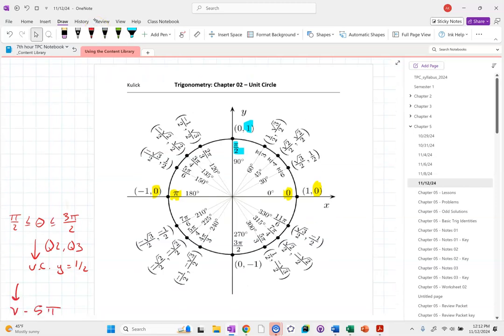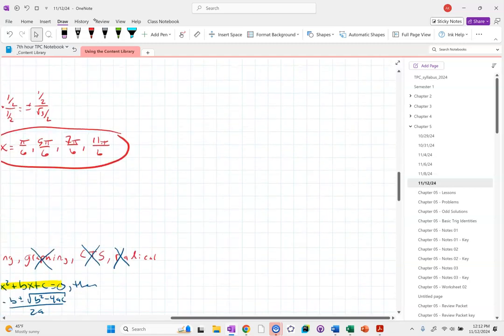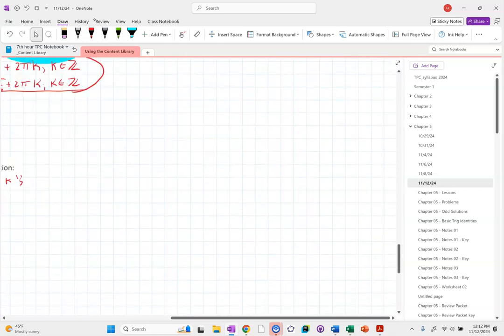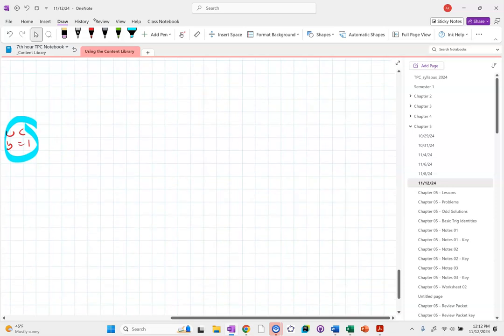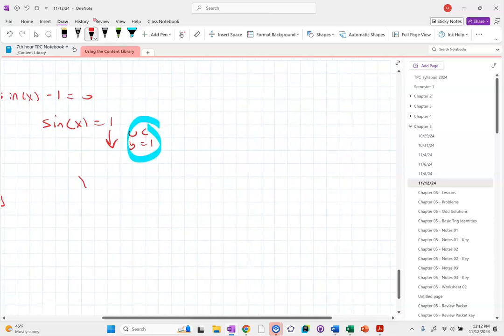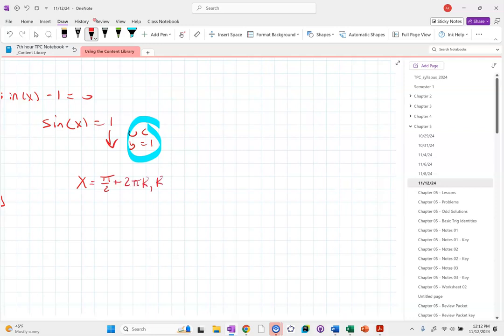Oh, thank goodness. So I have x equals pi over 2 plus 2 pi k. So we'll start at k equals 0. So that gives me pi over 2.